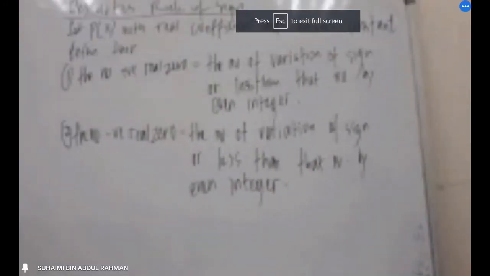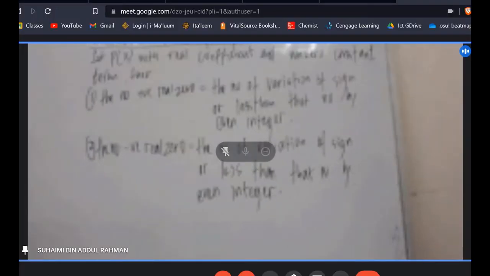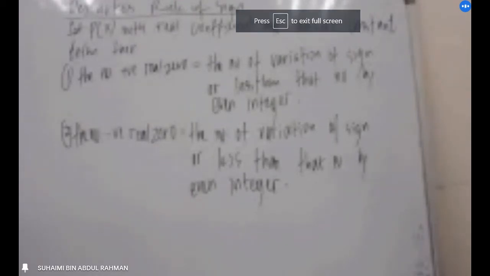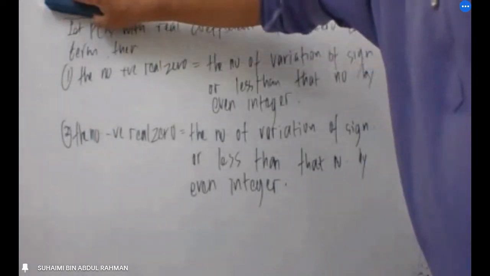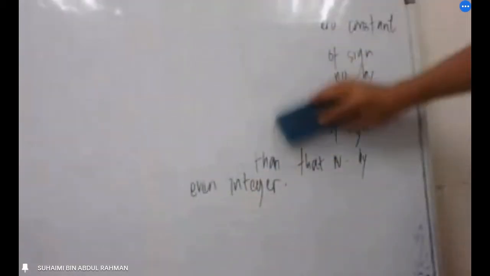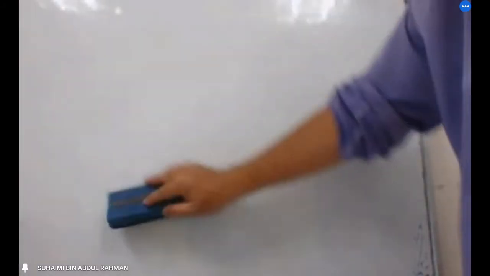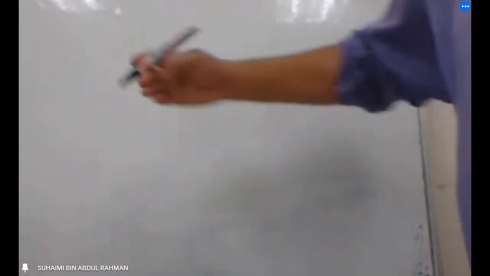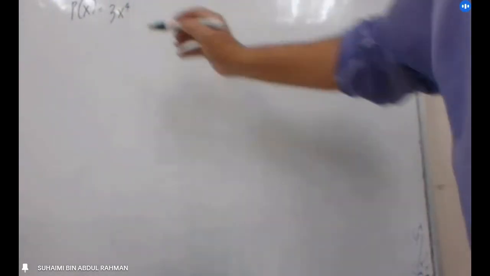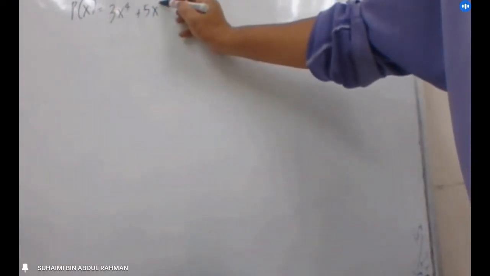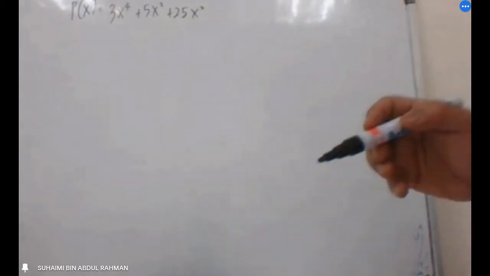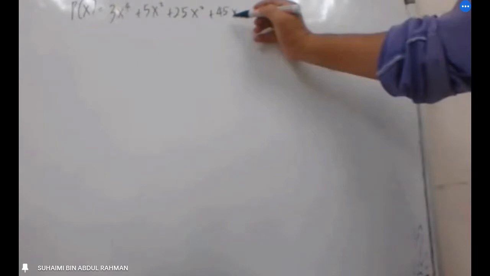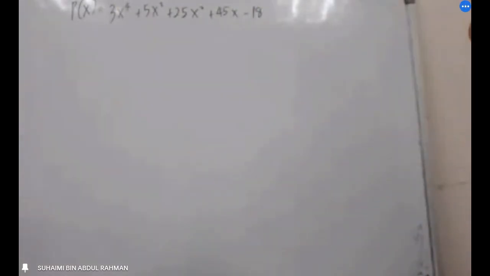Let's say, for instance, given one polynomial: 3x to the power of 4 plus 5x to the power of 3 plus 25x squared plus 45x minus 18.